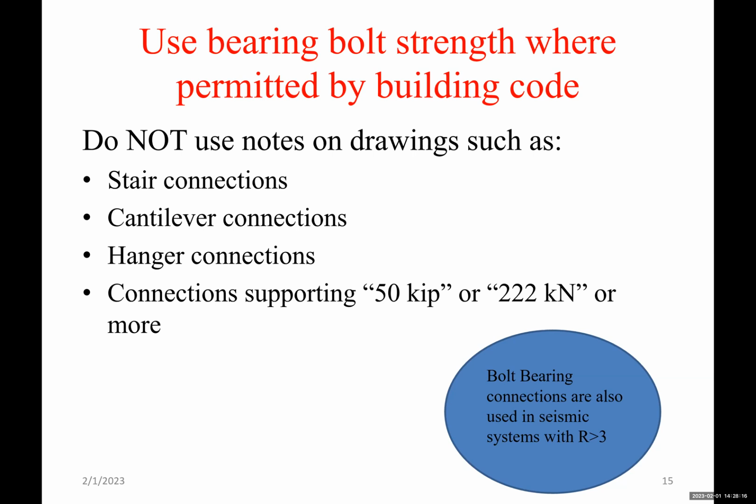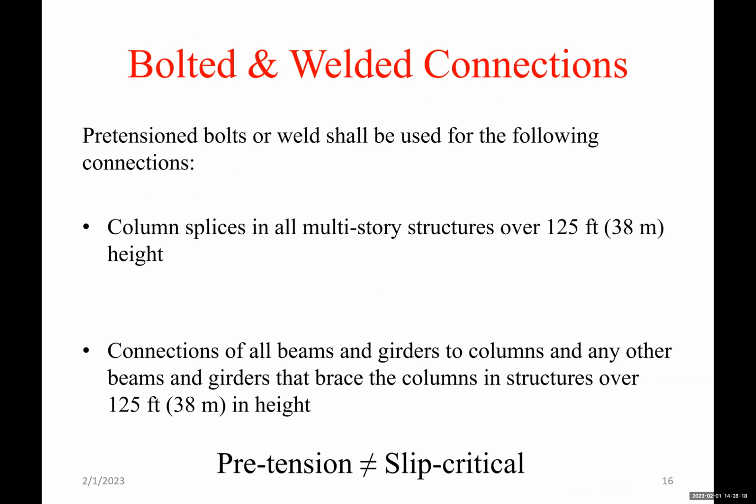Bolted and welded connections. So pre-tensioned bolts or weld shall be used for the following connections. Also, like pre-tension connections, they don't have to be used everywhere. Okay, I mean, use snug tight connections where possible.